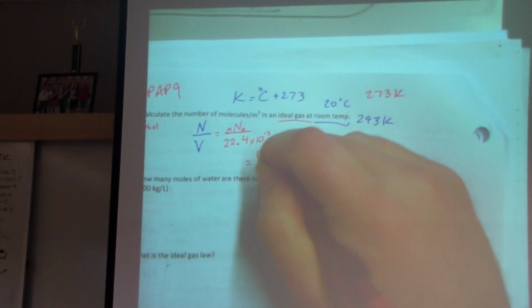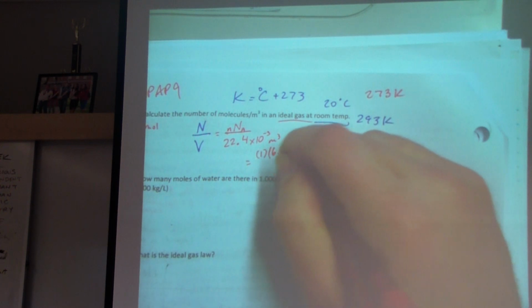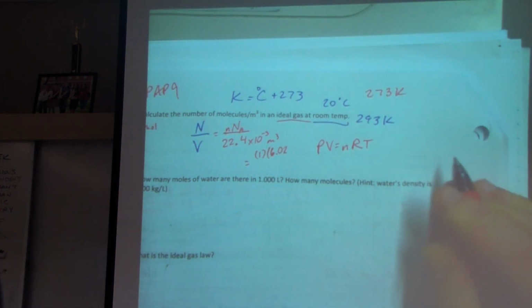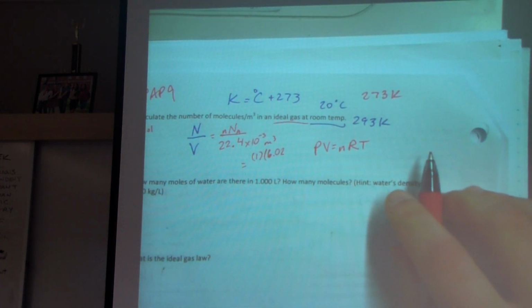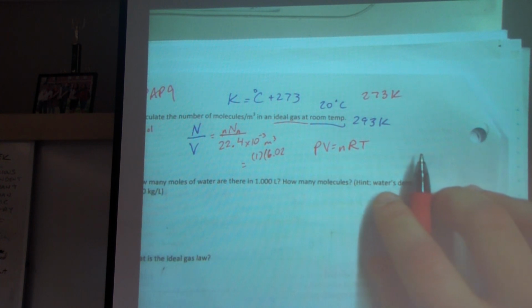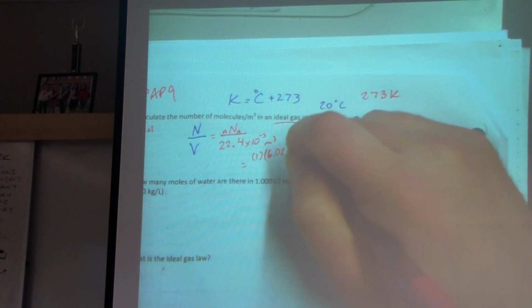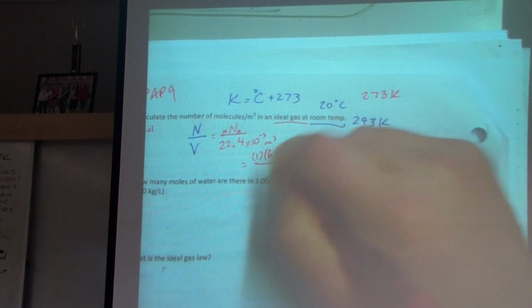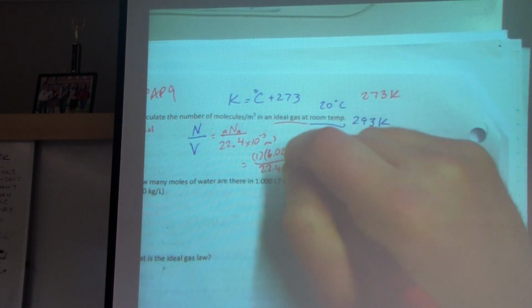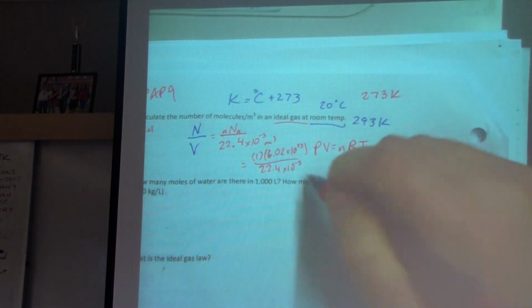So if we have 1 mole, and Avogadro's number, probably worth memorizing, even though it's given to you on the AP constants list, as is the universal gas constant, as is Boltzmann's constant. They're listed for you. Times 10 to the 23rd, divided by 22.4 times 10 to the negative third. So how many molecules are there?